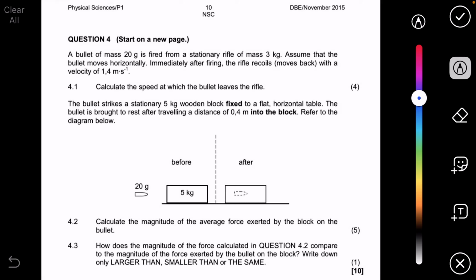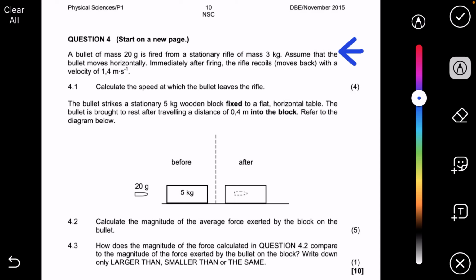So I'm just going to quickly read through that statement for the last time. From there, we'll try to make a drawing if need be, so that you are able to understand exactly what is going on over there. So, ladies and gentlemen, we've got a bullet. A bullet of mass 20 gram is fired from a stationary rifle of mass 3 kg.